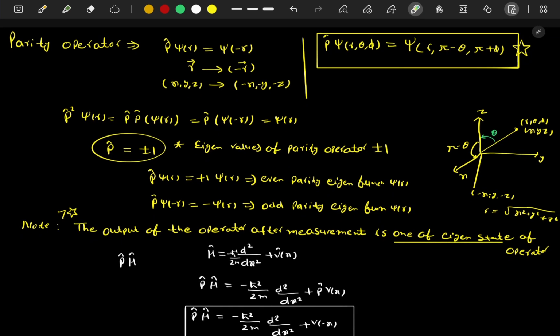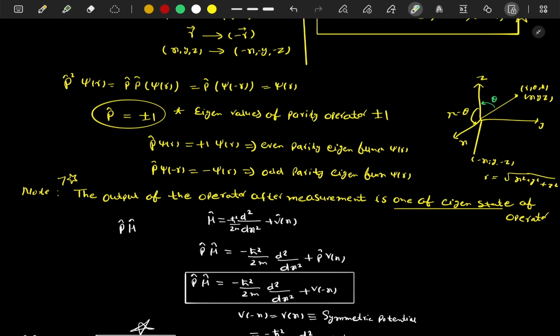Now we'll discuss parity. What is a parity operator? Simply, whenever we apply it on any wave function, it leads to the negative of that variable. Suppose we apply it to a wave function with respect to the variable r, it will lead to minus r. So r leads to minus r, and x, y, z go to minus x, y, z.